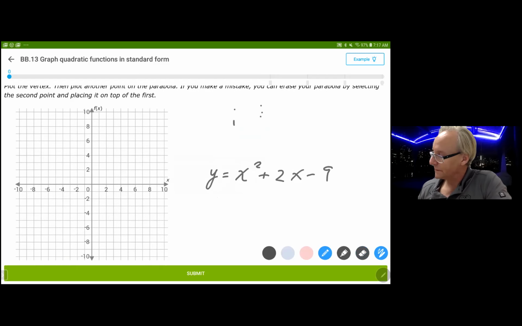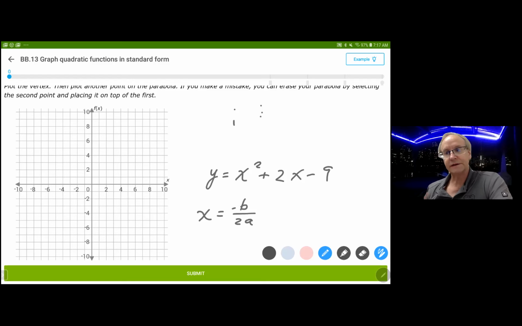And what we want is to find where our vertex is. And the vertex is always at x equals negative b over 2a. The reason that's the case is because if you think about the quadratic formula, the negative b over 2a plus or minus the square root, the plus or minus is the part that makes the two sides map onto each other, or that they're congruent.